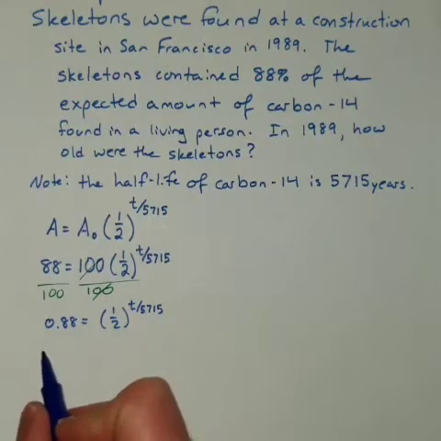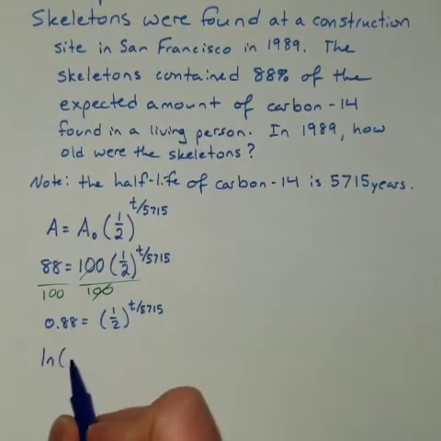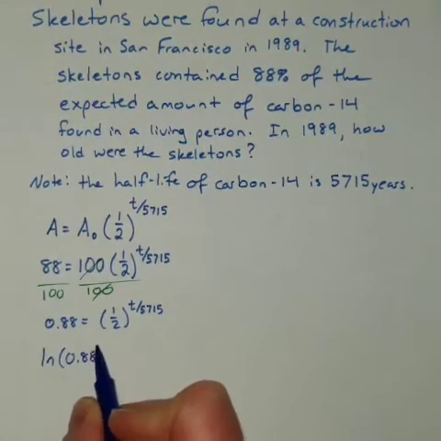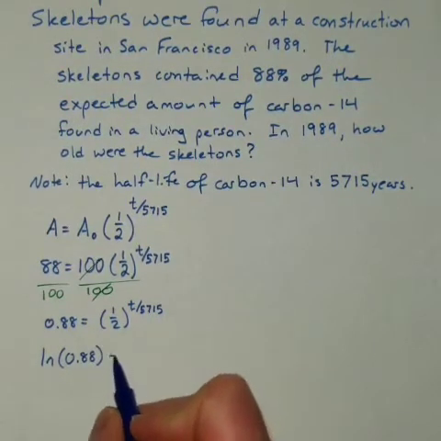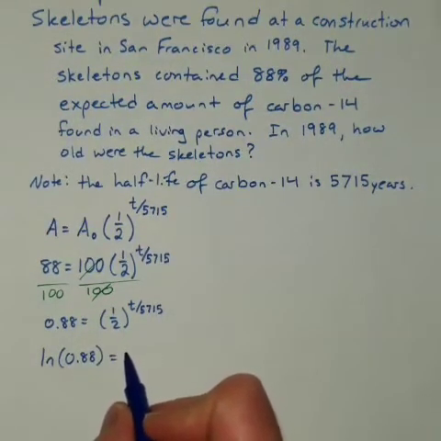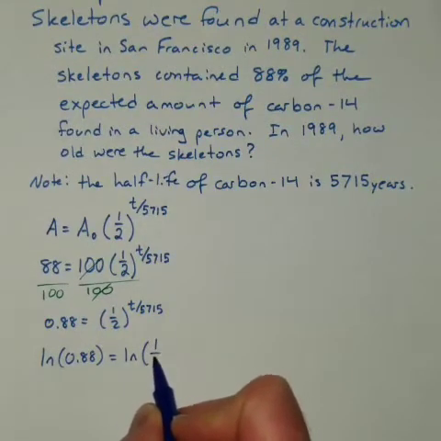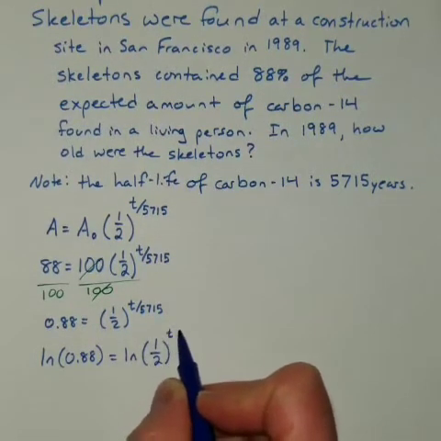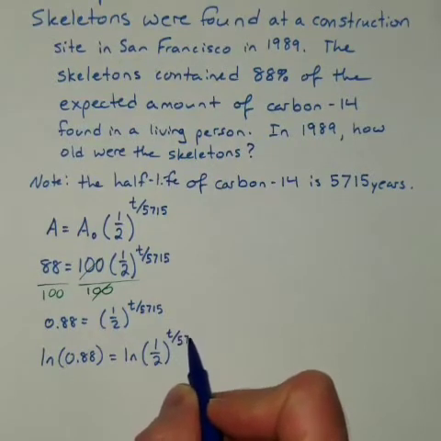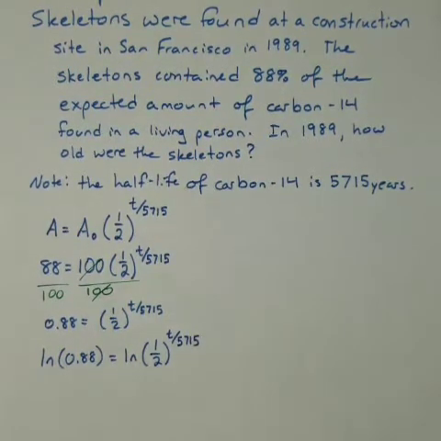Remember I said we're going to apply a log to both sides, and we'll tend to use the natural log in this section. It doesn't really matter, you get the same answer regardless of what base you use on the logarithm, but we'll go with the natural log here.